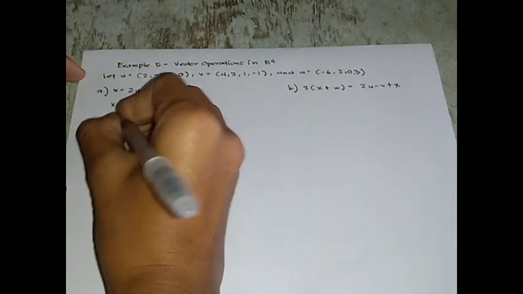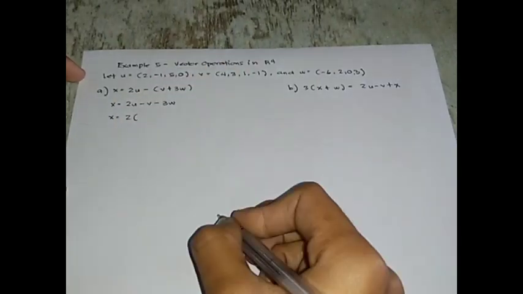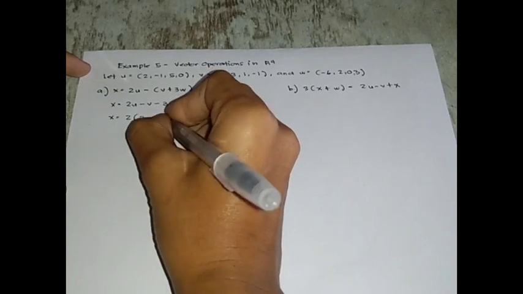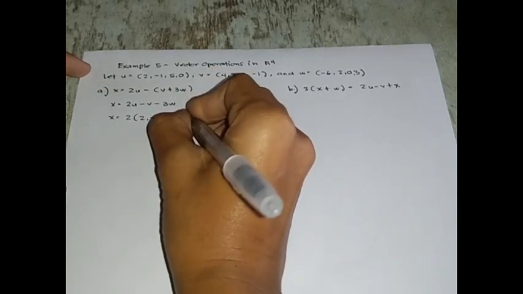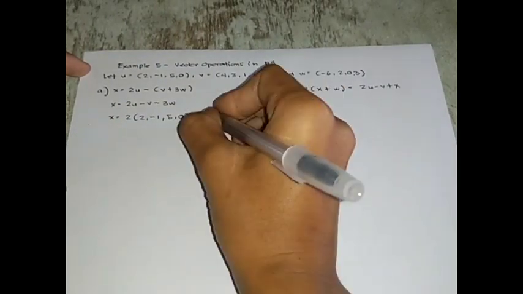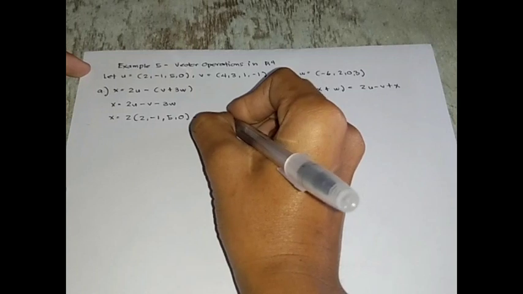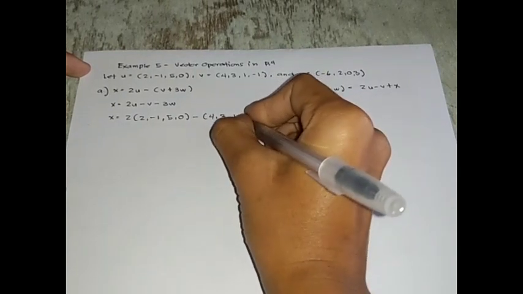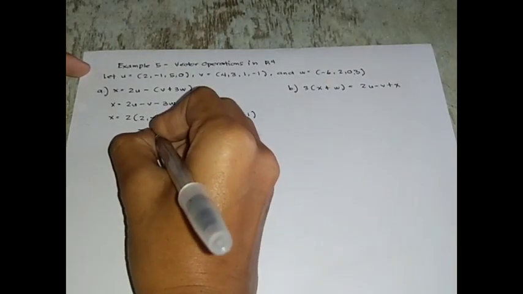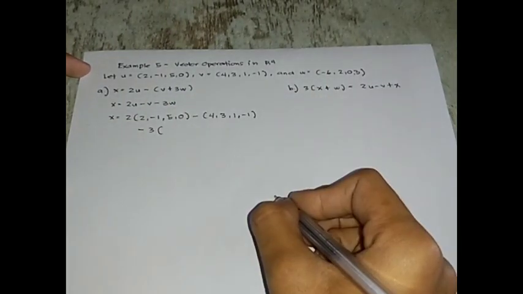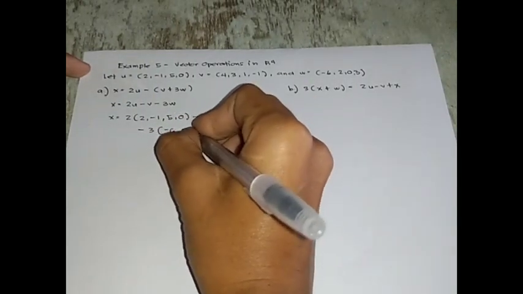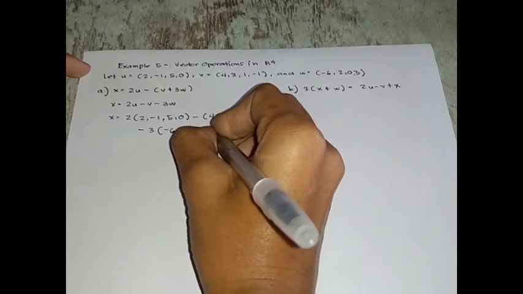So x is equal to 2 times the value of u, (2, -1, 5, 0), minus the value of v, which is (4, 3, 1, -1), minus 3 times the value of w, which is (-6, 2, 0, 3).